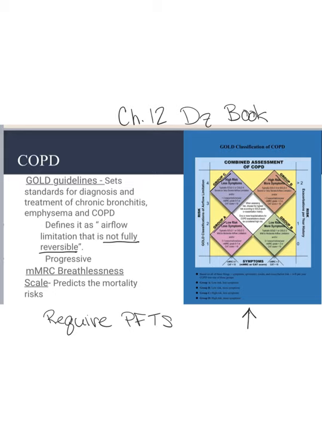So GOLD 1 and 2, if they have less symptoms, they're going to be in group A. If they have more symptoms, they're going to be in group B. And then GOLD 3 and 4, if they have less symptoms, but they're still high risk, they're going to be in group C. If they're GOLD 3 and 4 and they're high risk and they have more symptoms, they're going to be in group D. So these are going to be later stage disease processes.